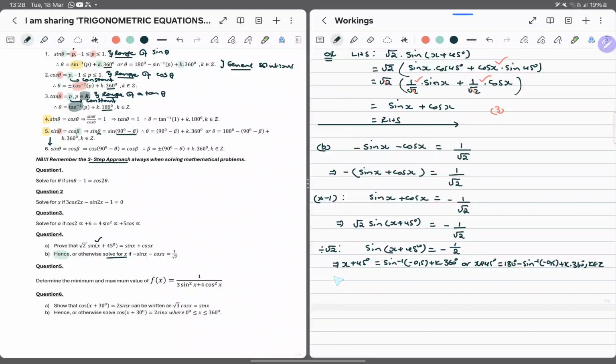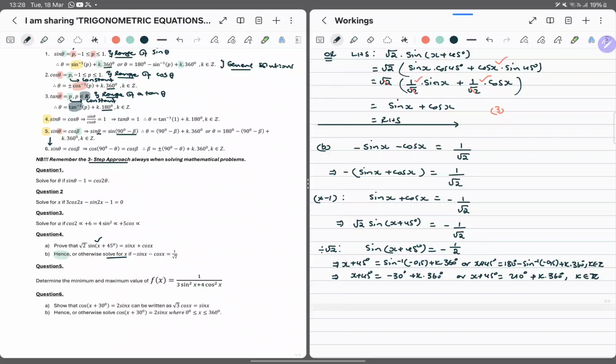Nice and sweet. So this implies that x plus 45 degrees is equal to, now we know that the arc sine of minus 0.5 is going to be minus 30 degrees plus k times 360 degrees, or x plus 45 degrees is going to be, now remember this is going to be 180 minus 30, so this one is going to be 180 plus 30, which is 210 degrees, where k is an element of integers.